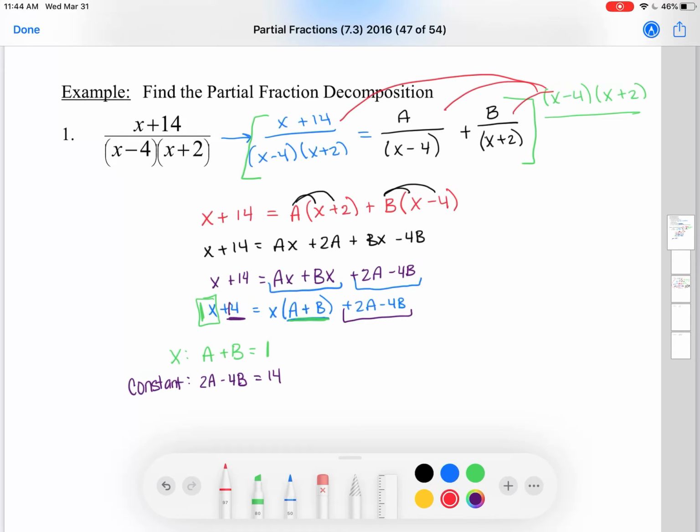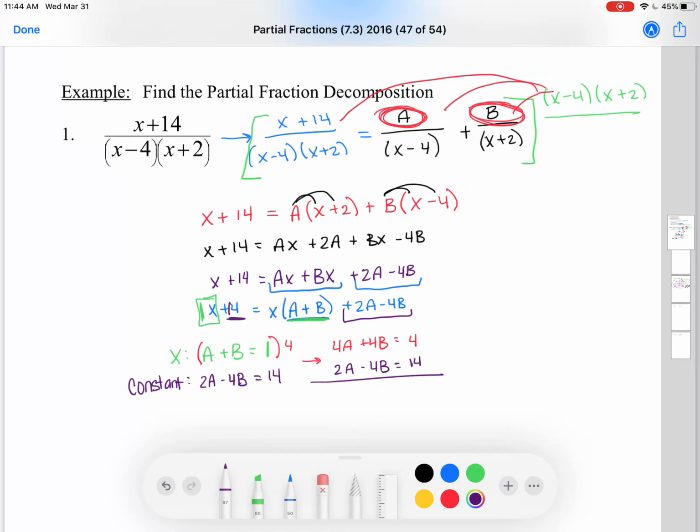All right, the whole goal is to figure out what was that a at the beginning, what was that b at the beginning, in order to make this work. So if I use elimination, I'm going to eliminate my b's just because I see that one b is positive while the other is negative, so that's already working in my favor. So I'm going to multiply the top equation by a positive 4, giving me positive 4a plus 4b equals 4, and the other equation is just going to come over.